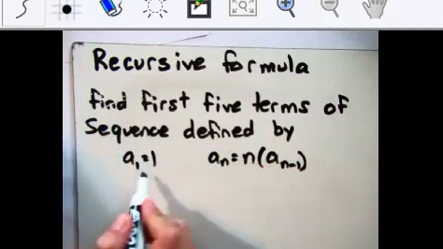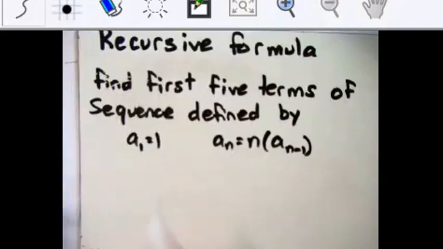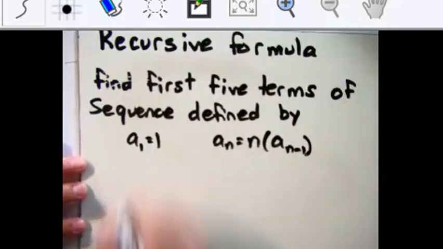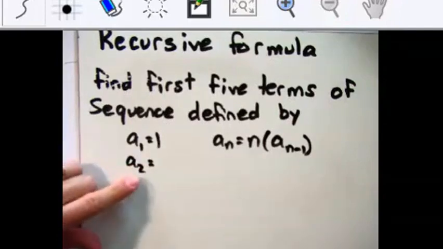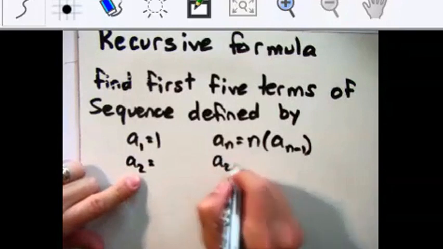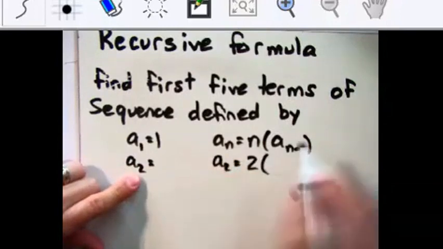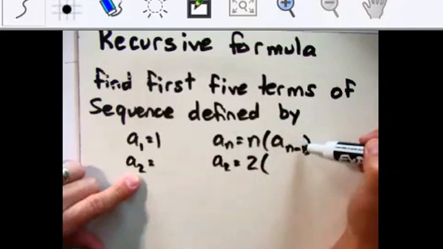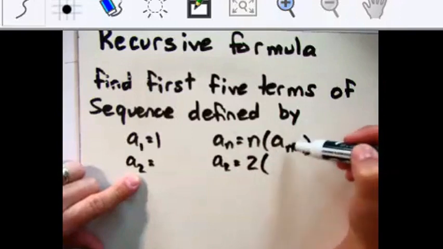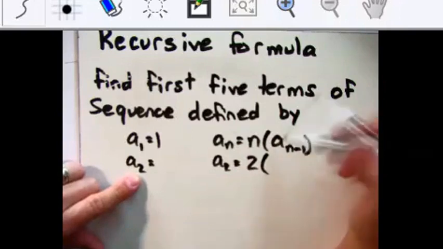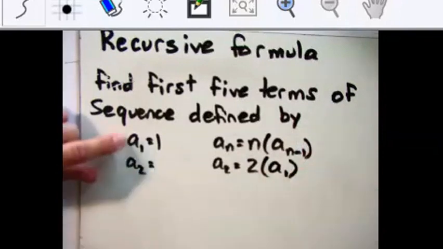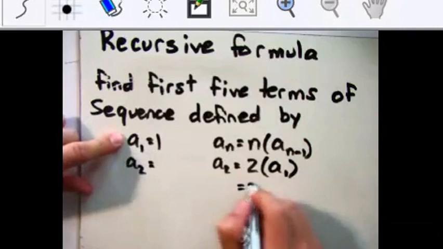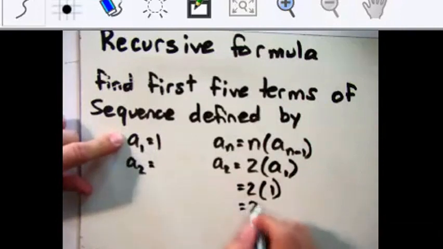I give you the first term, and I want the first 5 terms. Okay, so check out how this would work. A sub 2, my n value would be equal to 2. So that's a 2. And then this says a sub n minus 1. In this case, if n is 2, I got 2 minus 1. So this is technically a sub 1. And then that was given to me. So this is 2 times 1, which is 2.